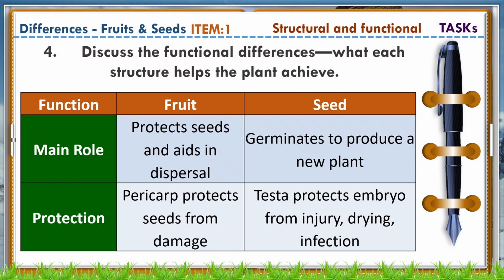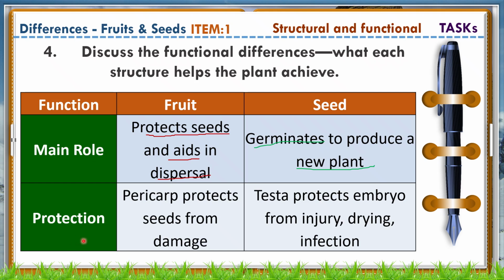The main role of the fruit is to protect seeds and also aid in their dispersal. Whereas the main role of the seed is to germinate so that it produces a new plant. Those are the functional differences, main role.